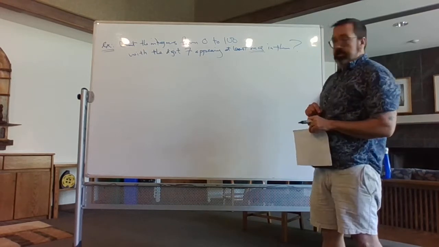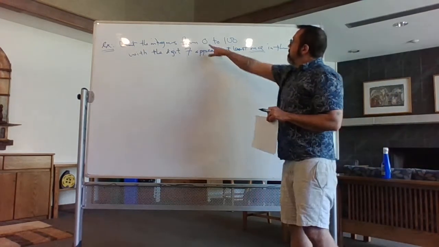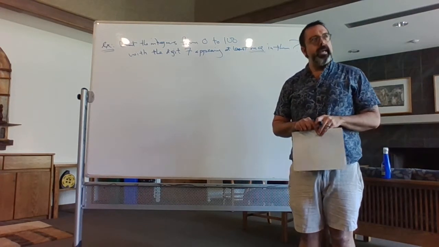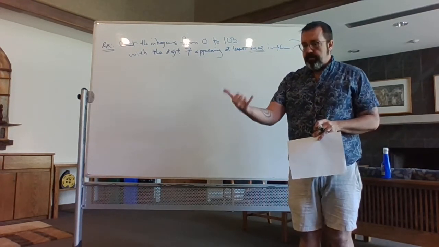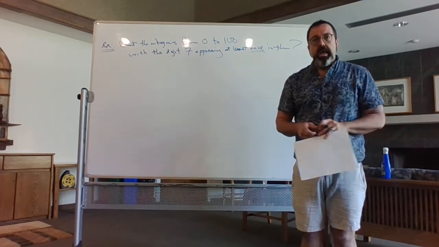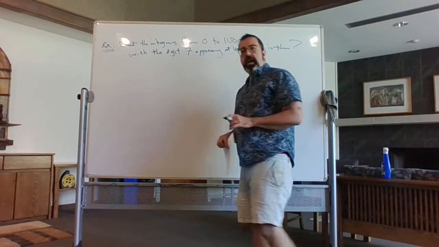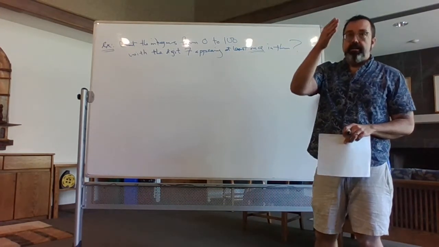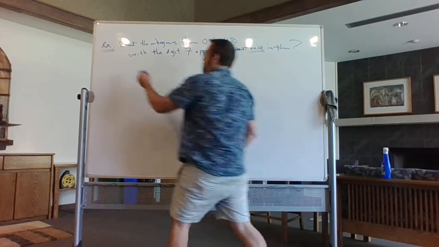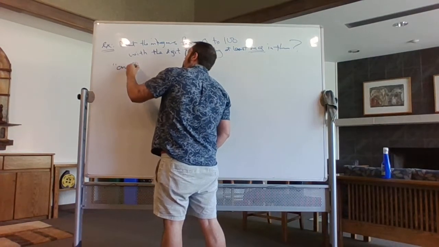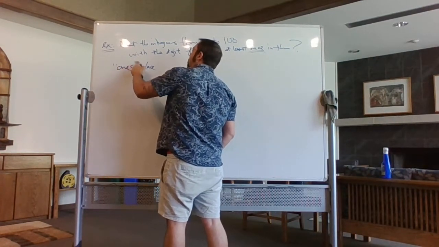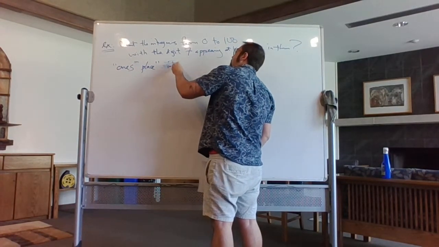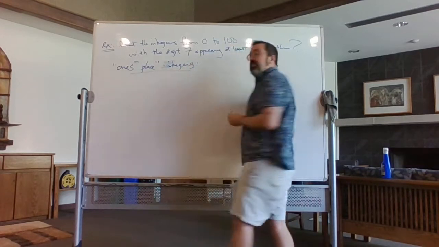Now, if you think about it for a second, you realize that most of the integers from 0 to 100 have either 1 or 2 digits, and you can group them kind of by tens. There's going to be the first 10, the next 10, and so forth. And in each group of 10, you're going to have integers that have a 7 in the ones place. Ones place integers, which have a 7 in the ones place.